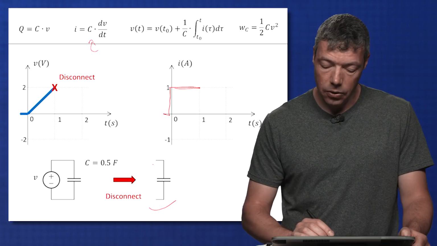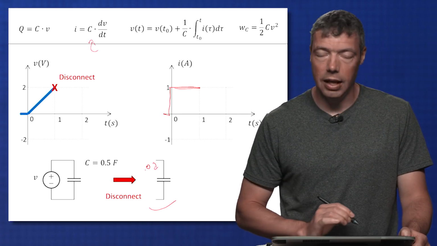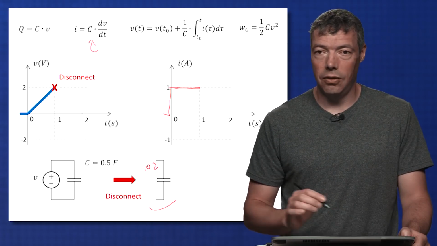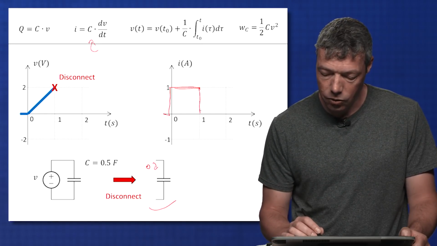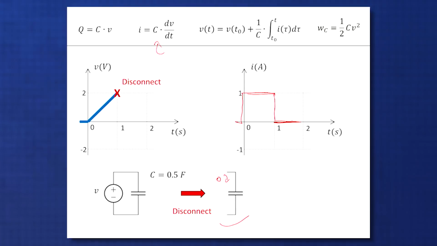Well, I know that the current has to be equal to 0. There's nothing connected to it. There cannot be any current flowing. So I know my current is going to drop to 0. If my current drops to 0, from this equation I see that my voltage is going to remain constant. So my capacitor is actually storing the charge. It's keeping the voltage constant.